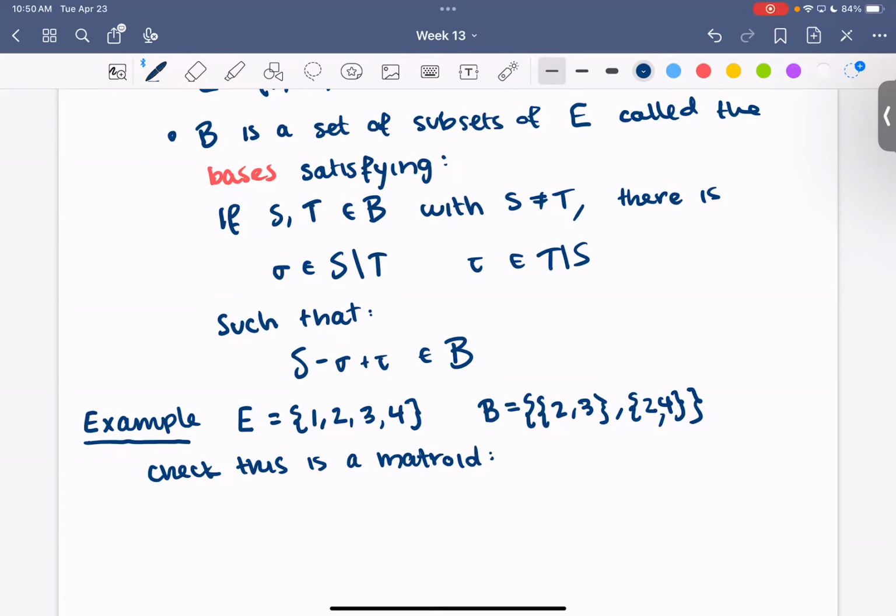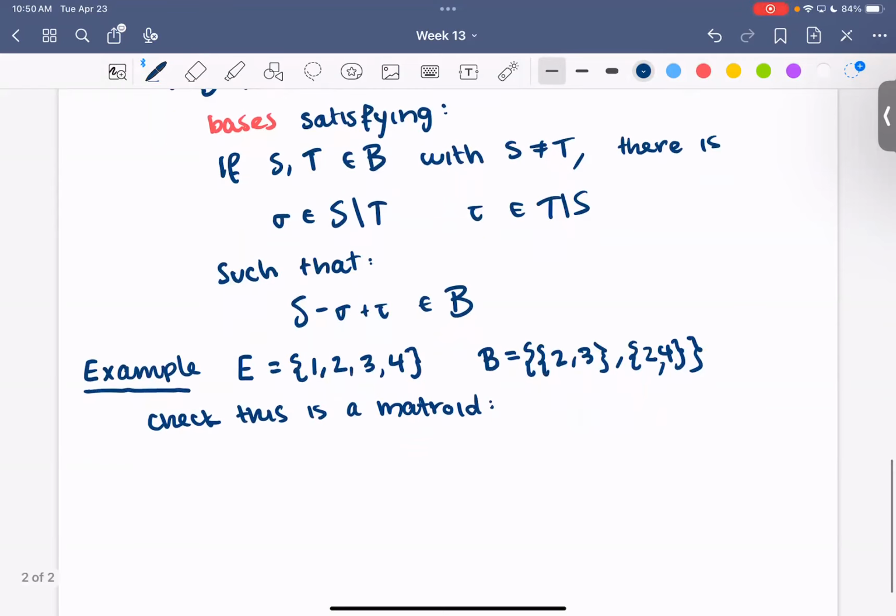Okay, so let's check it. I'll just do an example check. So we need to start with two bases, S and T, that are not equal to each other. So I'll just set S equal to 2, 3, and T equal to 2, 4. So then I need to show that there is something in S that can be removed and replaced by something in T to still get a basis. So what should those elements be? Like what should the sigma and the tau be?